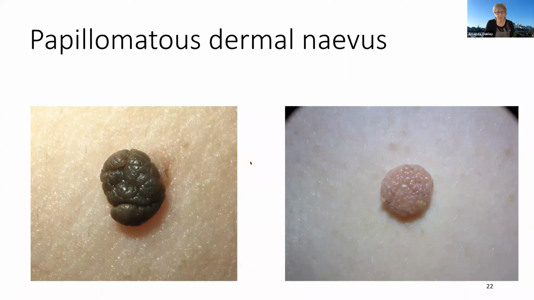Some nevi become papillomatous as you grow older. They can even be pedunculated. They have a bumpy surface, and that bumpy surface can encourage the deposition of keratin in the clefts between the bumps. So they can have a degree of scale.